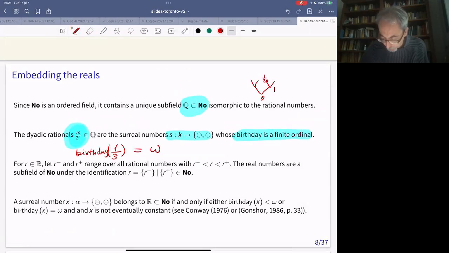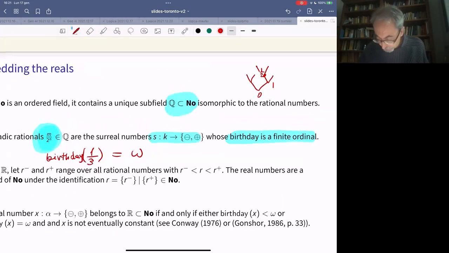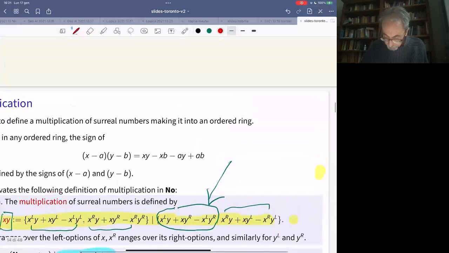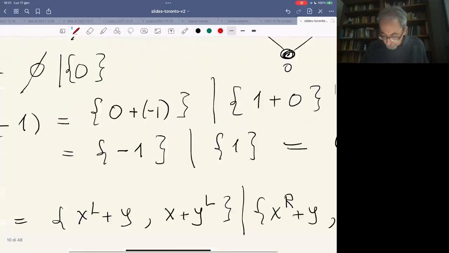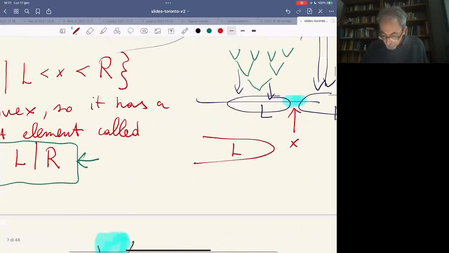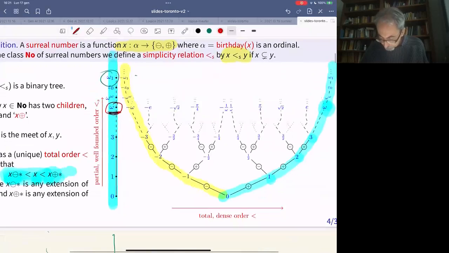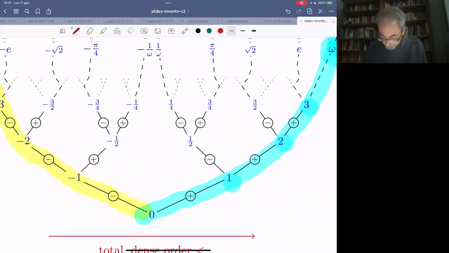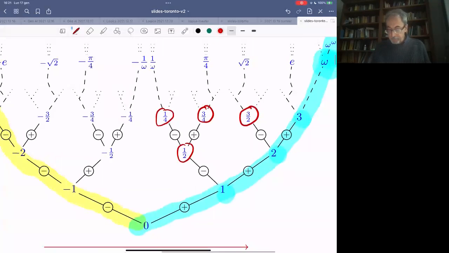And then after 1/2, we have, what was it? 3/2, I forgot, maybe. No, sorry, it's 3/4. 1/2, 3/4, 1/4. So the dyadic ones will be at finite levels.